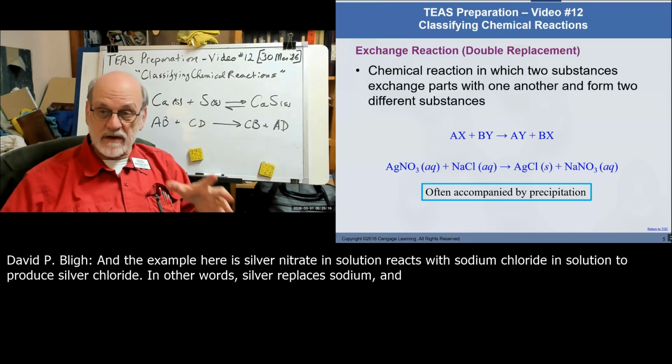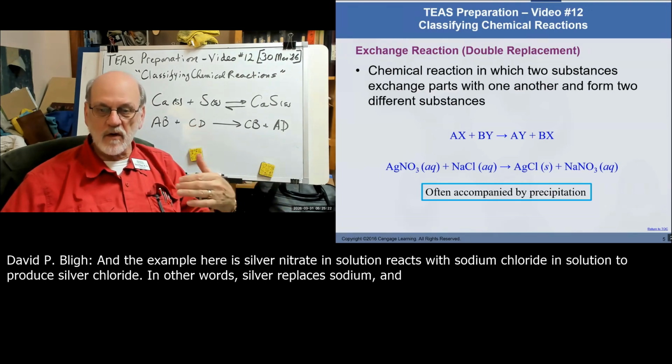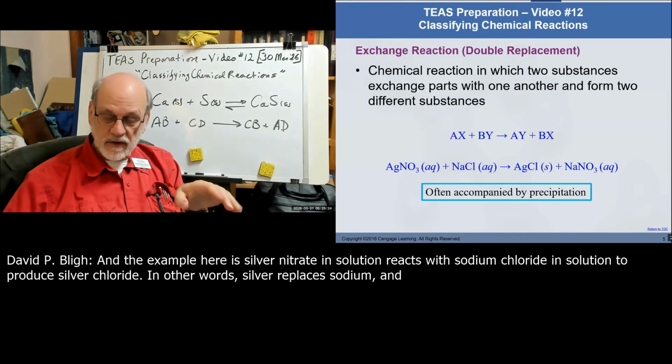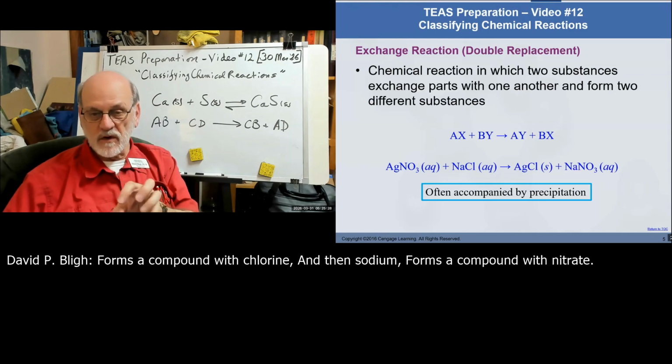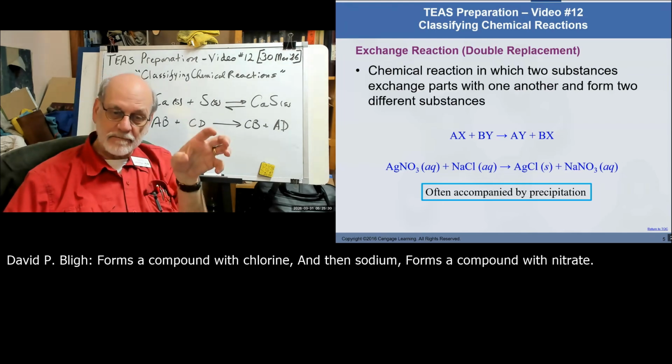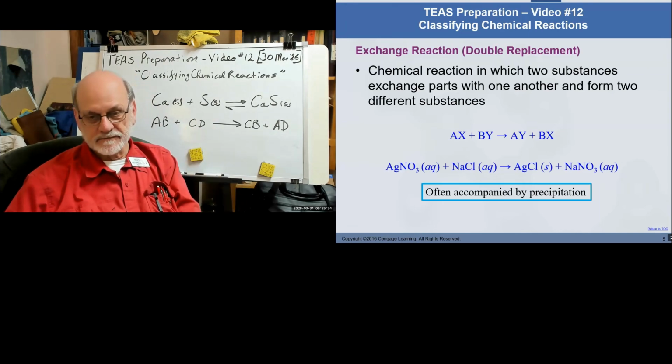And the example here is silver nitrate in solution reacts with sodium chloride in solution to produce silver chloride. In other words, silver replaces sodium and forms a compound with chlorine, and then sodium forms a compound with nitrate.